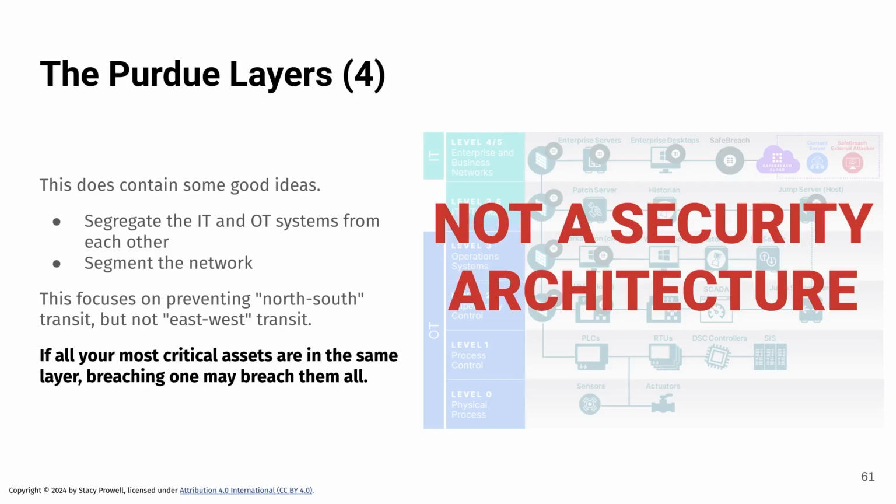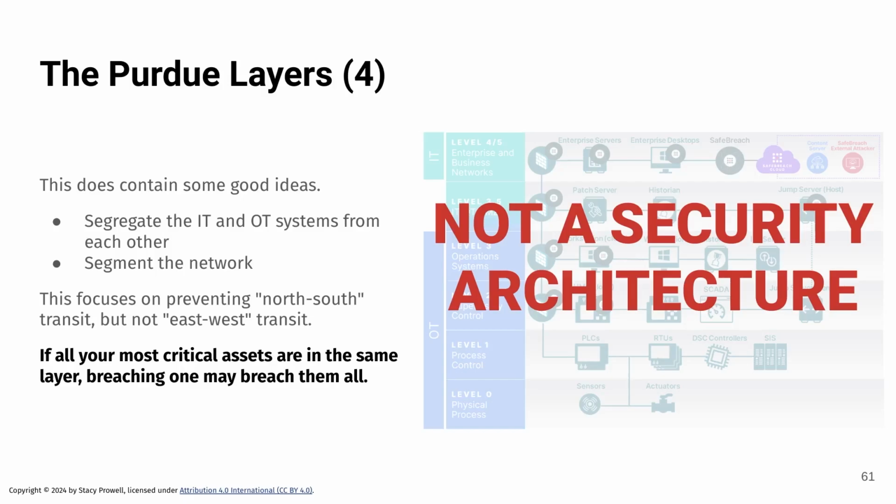Segregate the IT and OT systems. Segment the network. Okay? This focused very heavily on preventing what we'll call north-south transit. So north being up at the top with the IT, south being down at the bottom with the OT. It tries to prevent that. It puts all these little firewalls in to prevent that. But it doesn't prevent east-west transit, right?